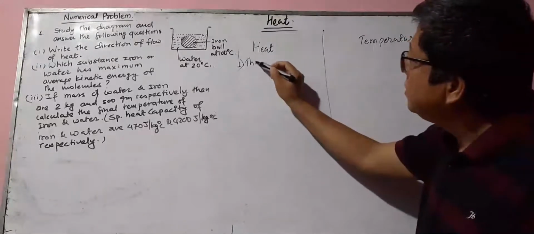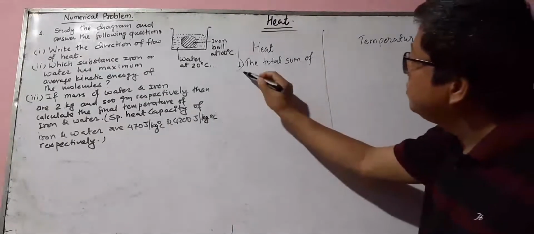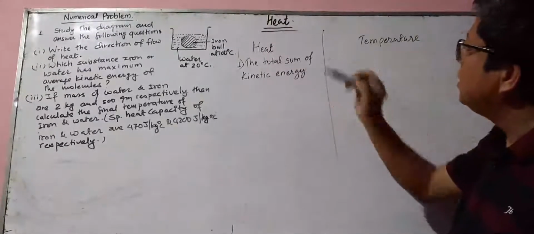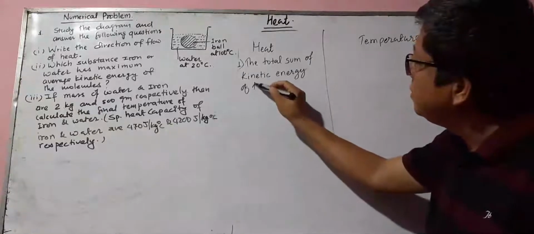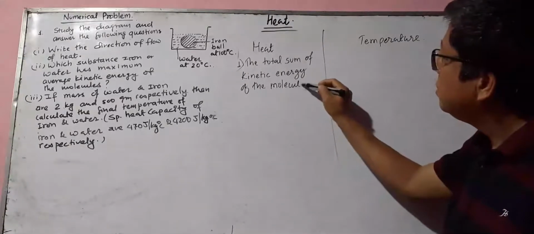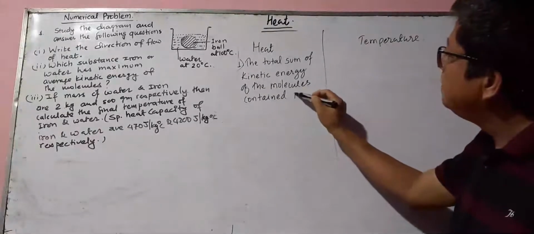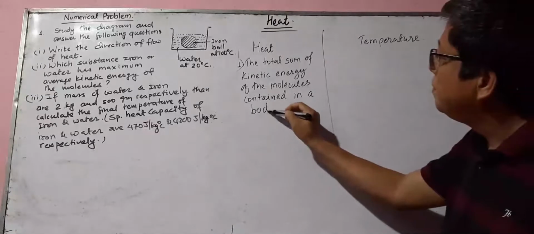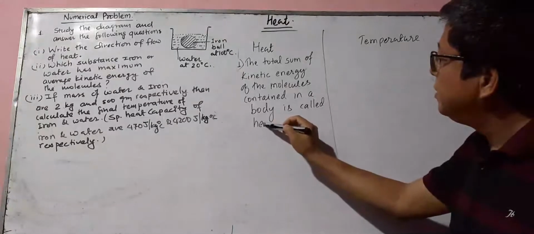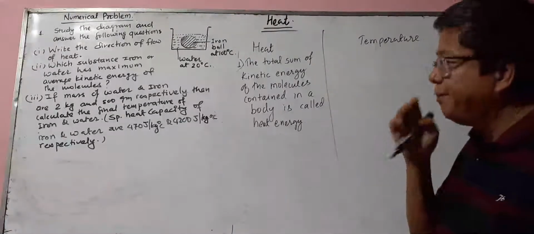So, the total sum of kinetic energy of the molecules contained in a body is called heat energy of the body. Okay.